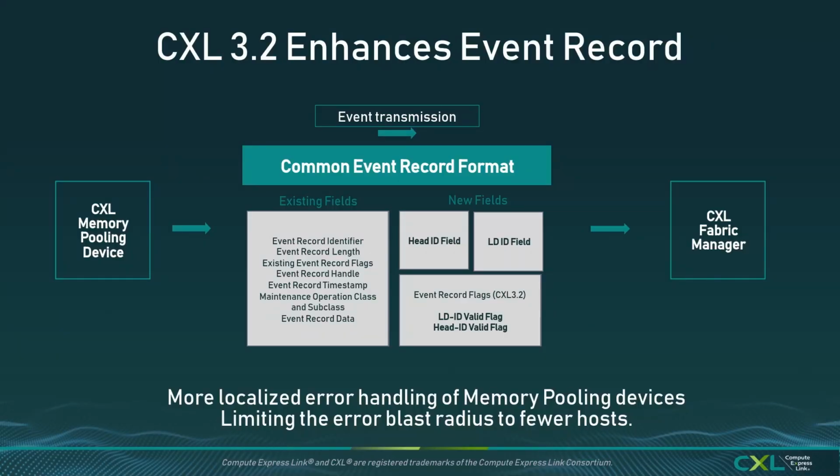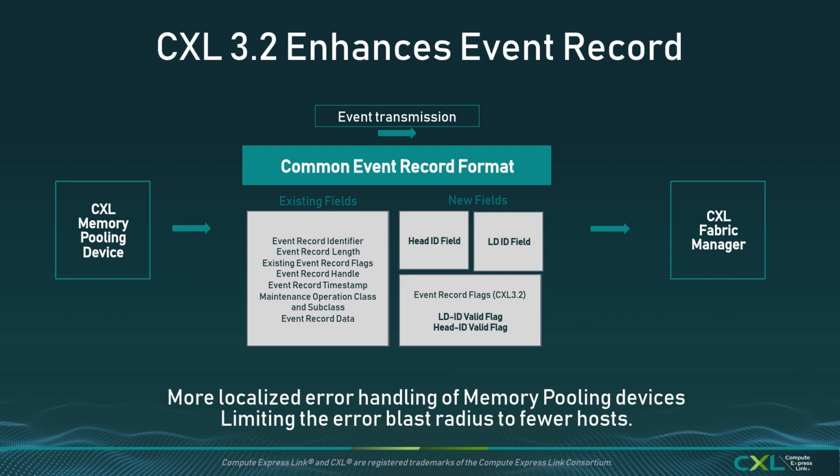The other enhancement that was made: we talked about support for pooling in 3.x, and as pooling devices become more commonplace, it becomes important to make sure that a pooling device that's shared by, let's say, 8 hosts, an error in the pooling device does not bring down all the 8 hosts.